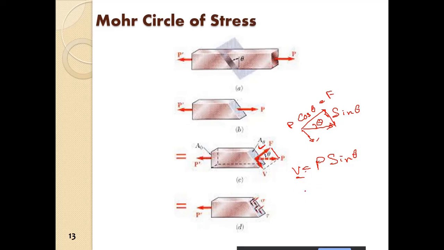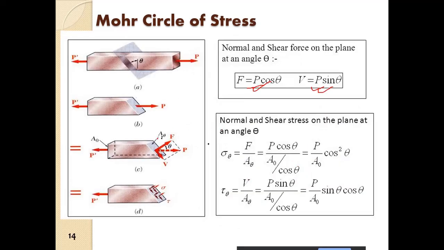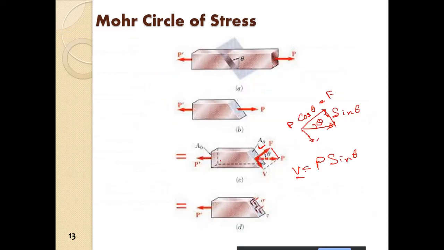Here what they have shown is that they have divided by A theta. So if this is A theta, then this plane A naught is equal to A theta cos of theta.